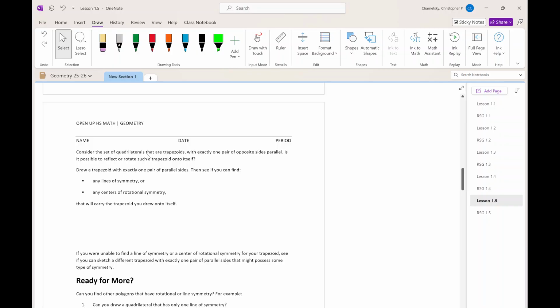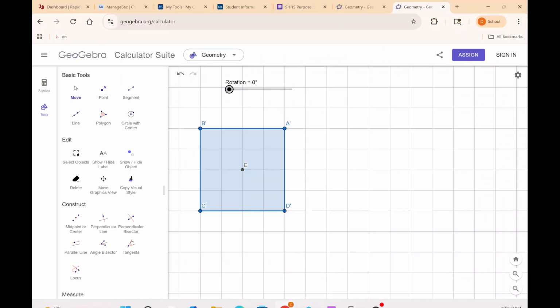Consider the set of quadrilaterals that are trapezoids with exactly one pair of opposite sides parallel. Is it possible to reflect or rotate such a trapezoid onto itself? Okay, so let's draw our trapezoid. If I have a trapezoid that looks like this, is there any rotational symmetry?